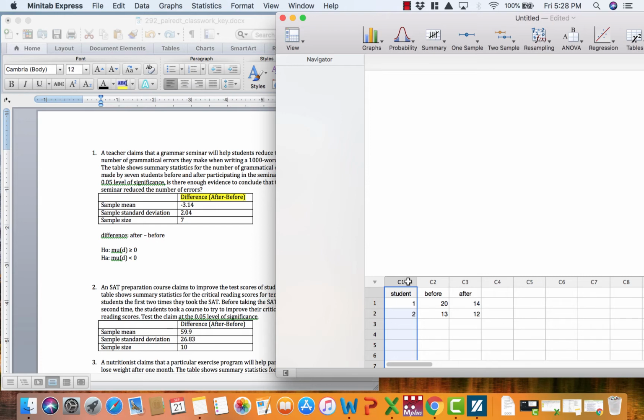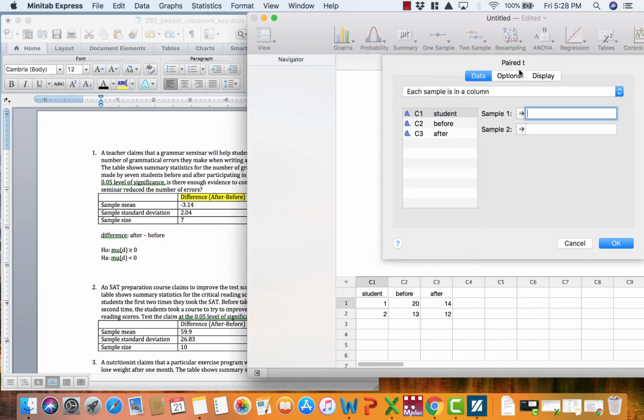So this 20 and this 14 are linked by student 1. Those numbers belong to student 1. This 13 and this 12 belong to student 2. So again, look for 3 or more columns when it is a paired t and you have a data file. Let's work this first paired t problem.